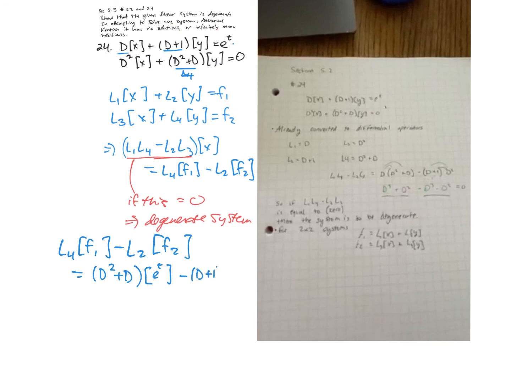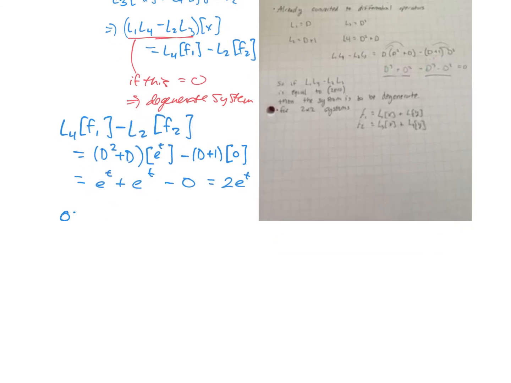So D plus 1 operated on F2, which is 0. So that equals D squared on e to the t is just e to the t, plus e to the t, minus 0, equals 2e to the t. So this says that our system is equivalent to, on the left-hand side we have 0 because that operator is 0, and on the right-hand side we have 2e to the t.